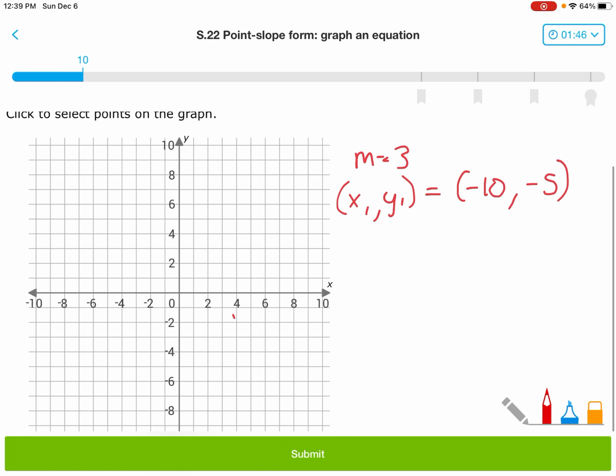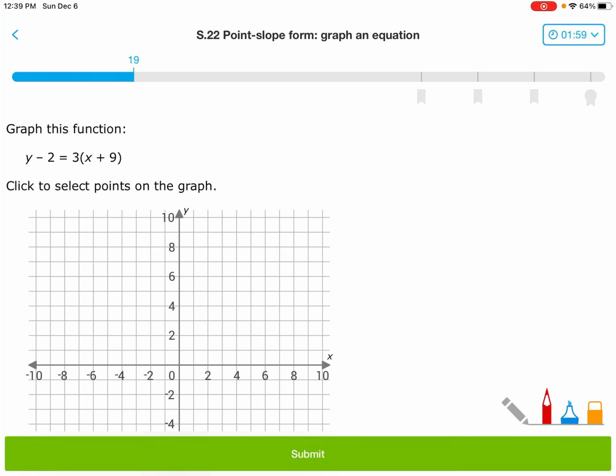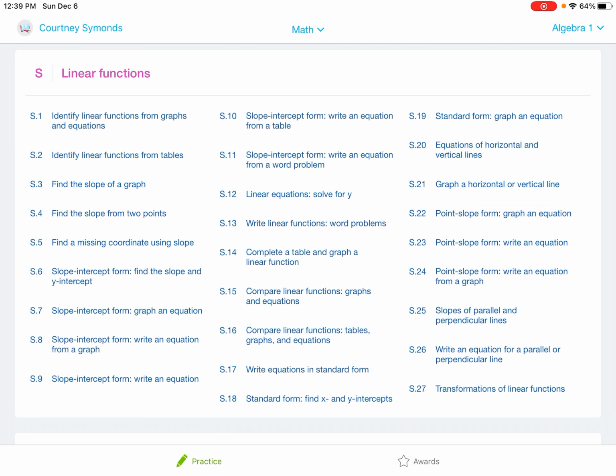So the first thing I do is plot that. Oh boy, I keep wanting to hit submit. So negative 10, negative 5. Then we're going to use our slope to graph a point and submit. All right, so those are the examples I'm going to give you for S22.